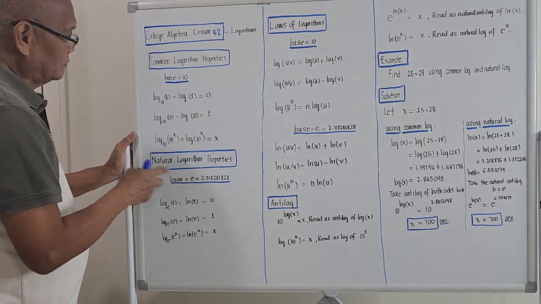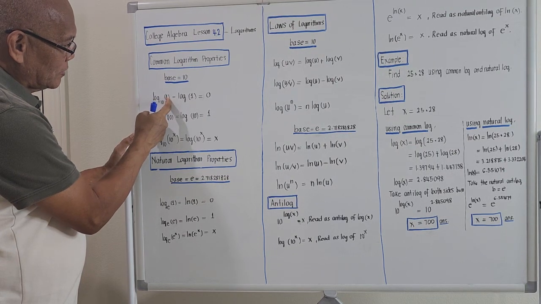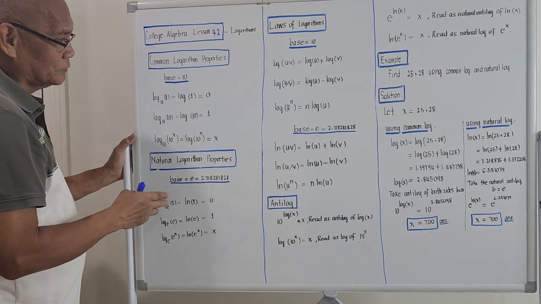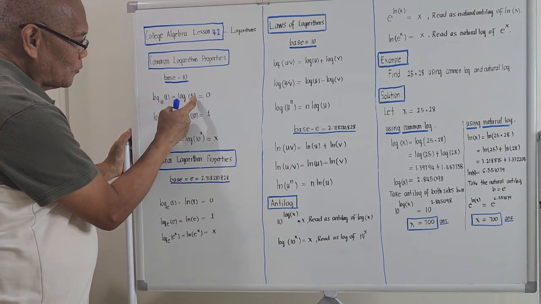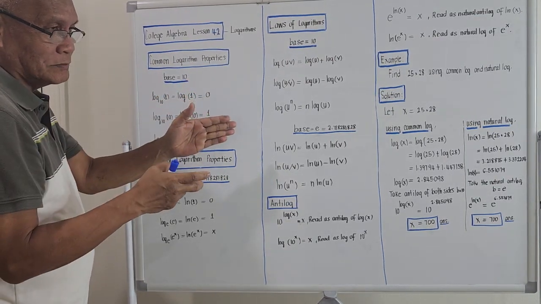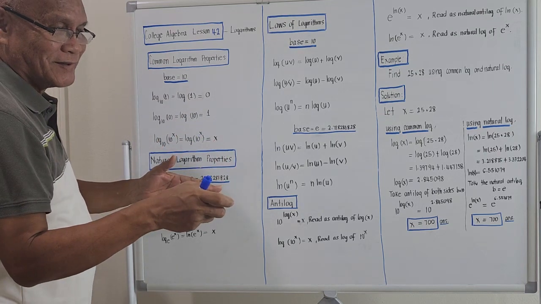I will try to read it. The logarithm of 1 with the base of 10 should be equal to the logarithm of 1 without any base. Under common logarithm, we usually don't place the base 10.